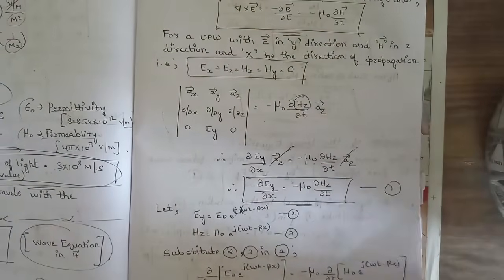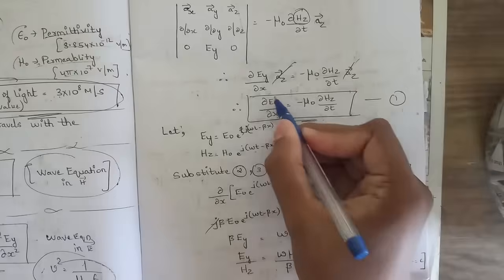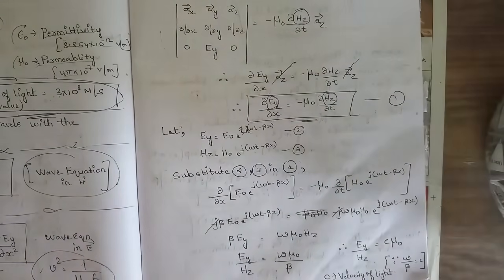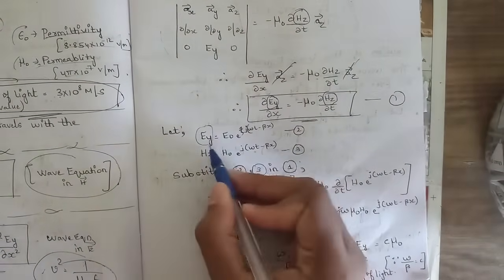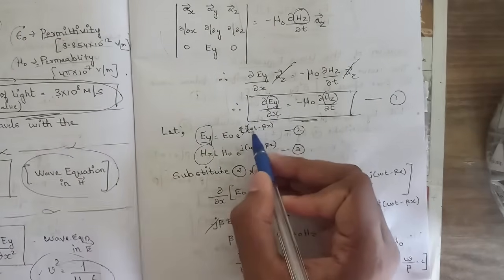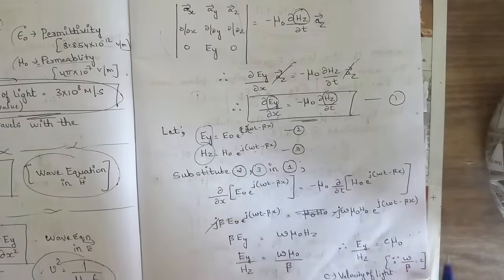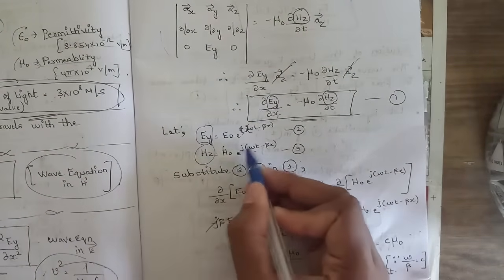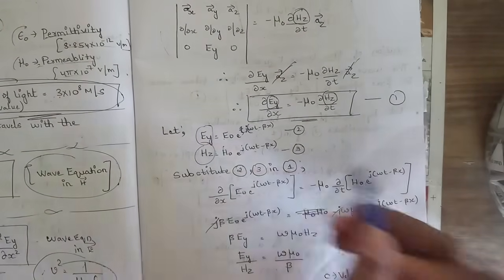So now, Ey and Hz components are there, right? In order to find the relationship between them, we can replace Ey by E naught e to the power j into omega t minus beta x, and Hz is equal to H naught e to the power j into omega t minus beta x.